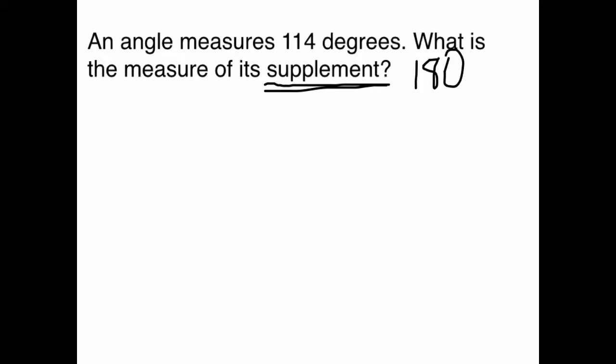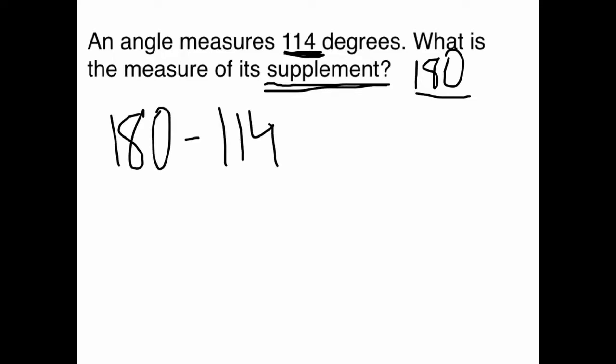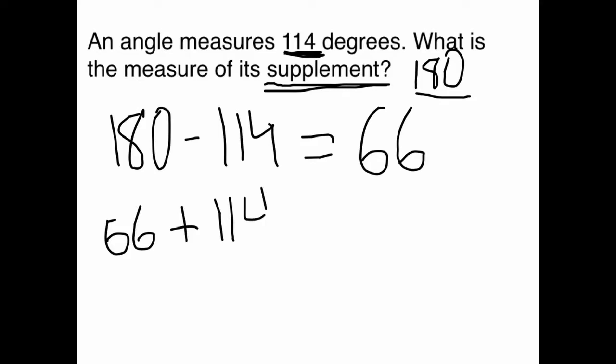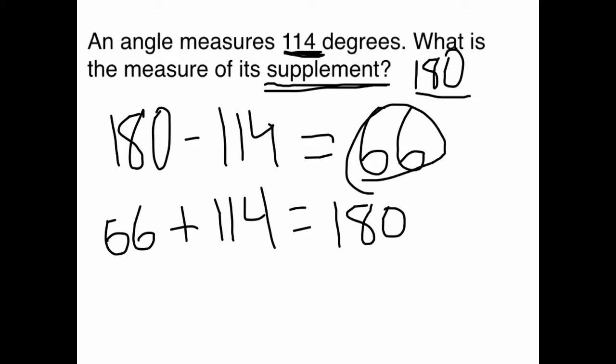Now, if I already know that I have one angle that's 144 and it has to equal 180, I can just find the difference. 180 minus 114 will give me 66. Now, let's double check that. Does 66 plus 144 in fact give me 180? Well, if I add those up, it does. So this angle's supplement is 66.